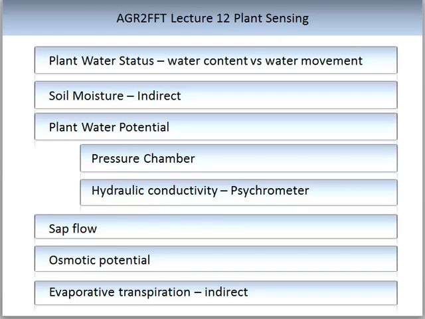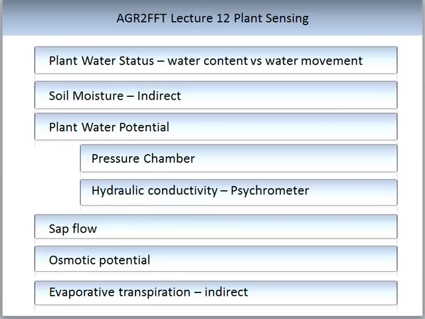Sap flow is a measurement that indicates the movement of water. Osmotic potential is another measurement that tells you something about the water and the chemical status of the plant. This tends to be used more from a research perspective than a scheduling perspective, and it tends to be used in the context of determining if a plant is in water stress or not.